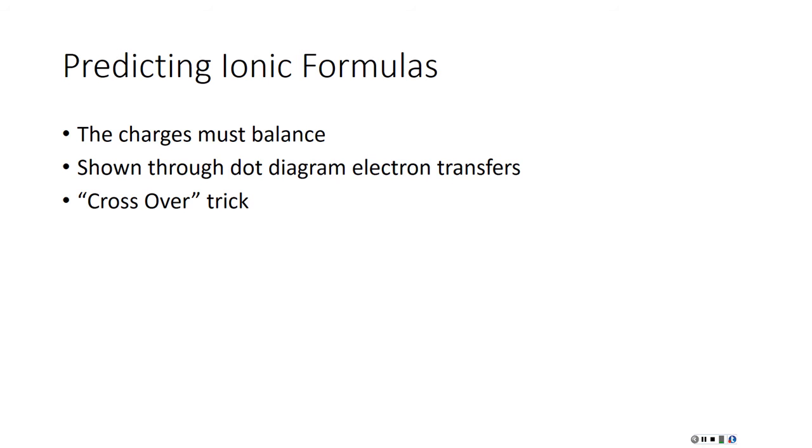So you look at the 2 compounds you have. Let's do this one first. So I've got Na and I've got S. Na is in the first column of the periodic table. So when it goes into a compound, it's going to give up an electron and become a +1. Everything in that first column is going to become a +1.